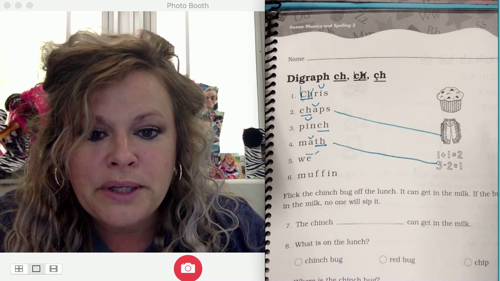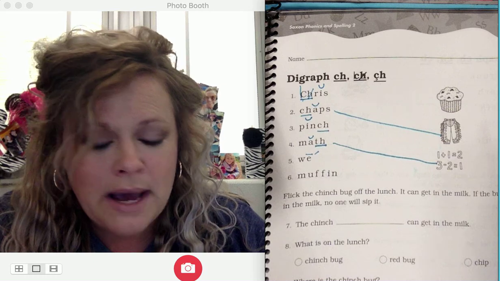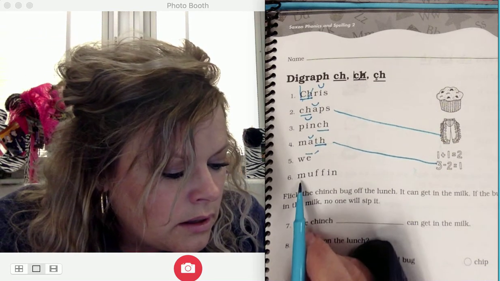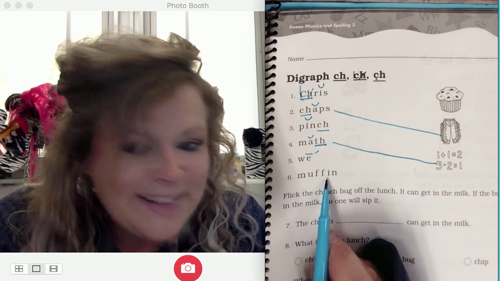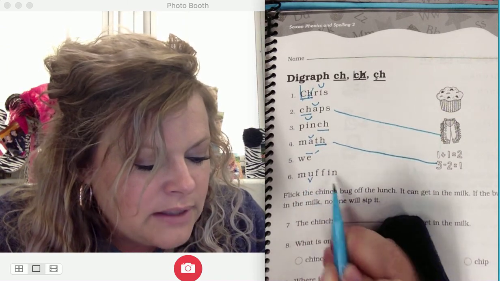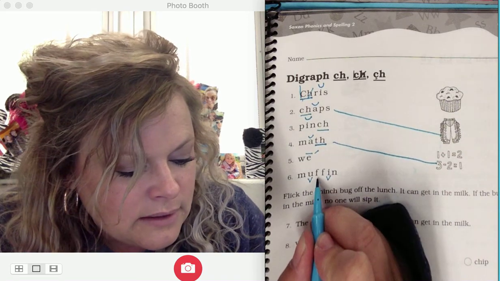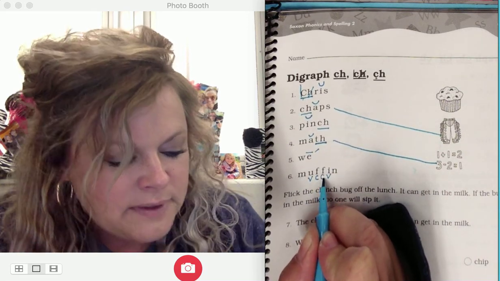Number 6 is a pretty long word. I see 6 letters, so I'm thinking in my brain, I wonder if there's more than one vowel. Let me look. Oh, there's a U and an I. So there's 2 vowels. I need to code vowel to vowel. I'm going to put consonants, little C's underneath the consonant F's.